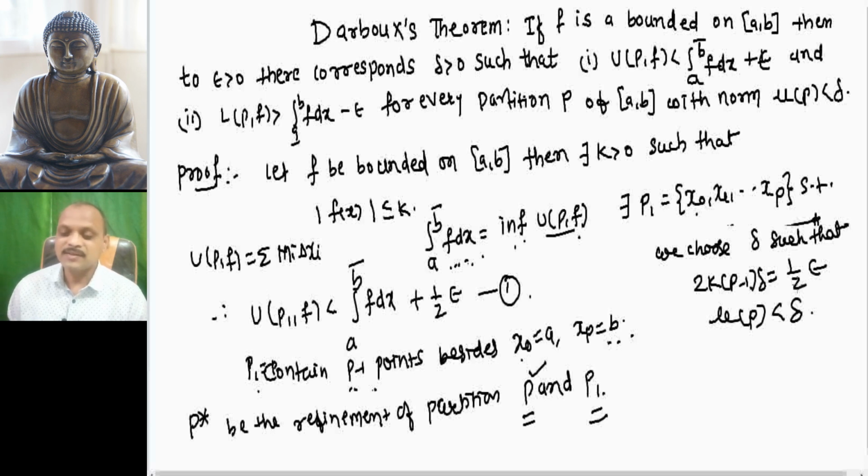As P star is a refinement, we have P star equal to P union P1. You can see that P star contains at most p minus 1 points more than P.